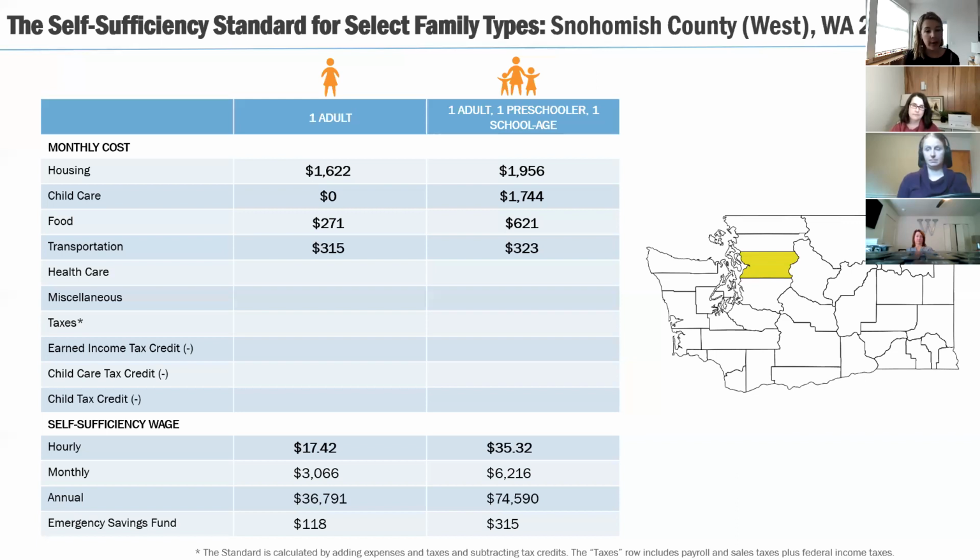So for example, King County, Seattle, because more than 7% of the population in King County use public transportation, we're assuming the cost is a monthly bus pass for the city of Seattle or King County buses. The second calculation for transportation is if that threshold is below 7% for the county, we look at the cost of owning and operating a car. And we limit the travel to work and to daycare plus about one shopping trip a week.